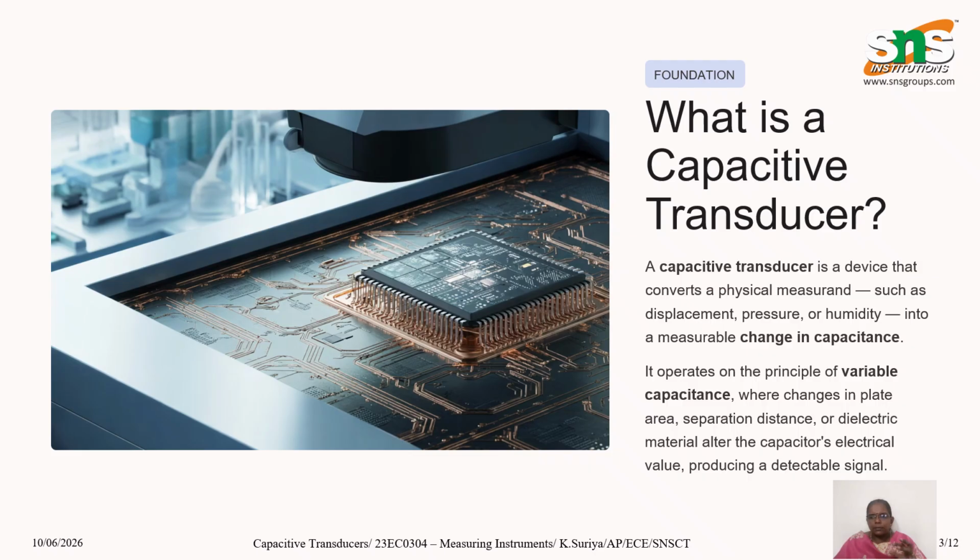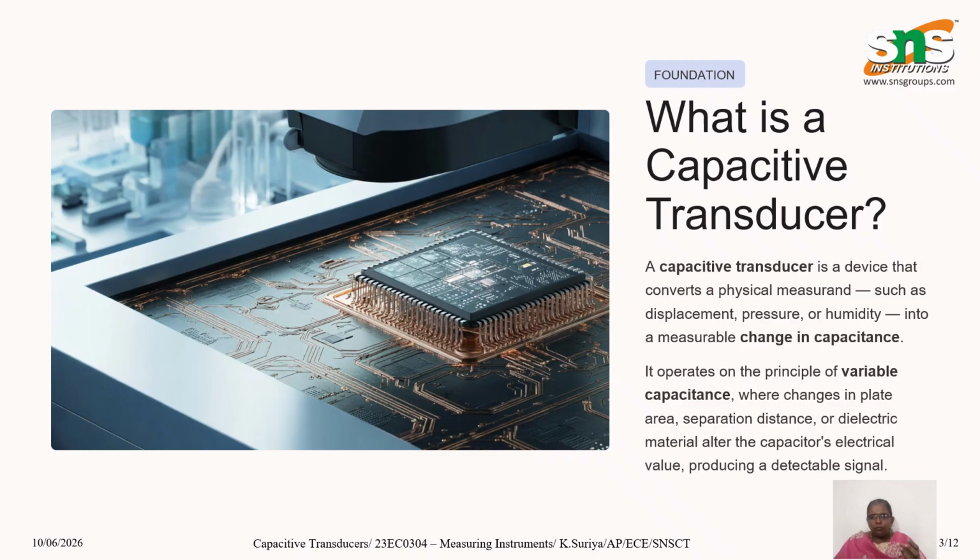So what is a capacitive transducer? It is a device that converts a physical quantity such as displacement, pressure, force, humidity, or liquid level into a corresponding change in the capacitance. This capacitance change is then converted into an electrical signal that can be measured and analyzed.